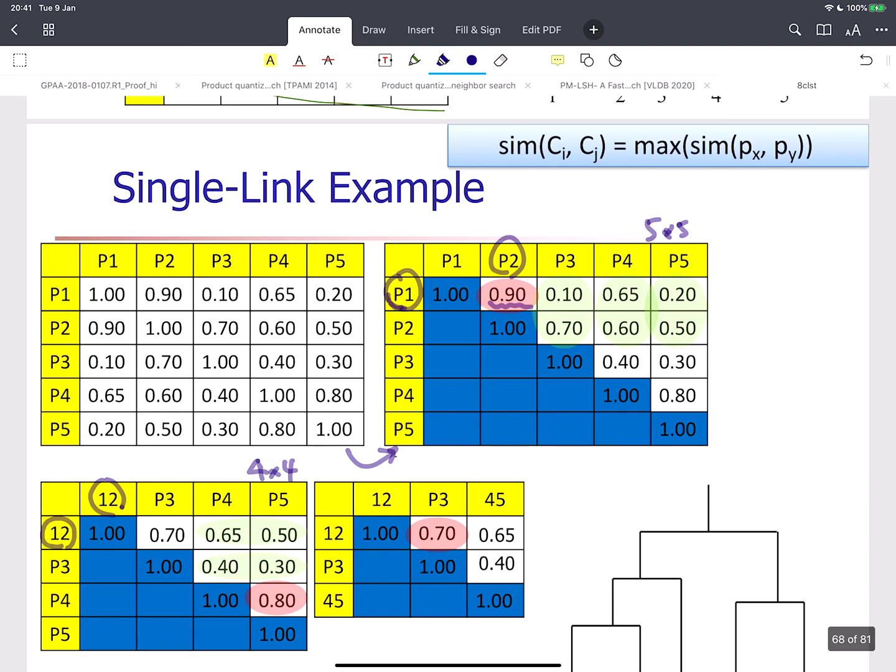If you think about only this row and this column, again because of symmetry, we only need to work out these rows, where the values need to be updated. Everything else, for example this 0.4, is copied from here because this is P3 and P4.